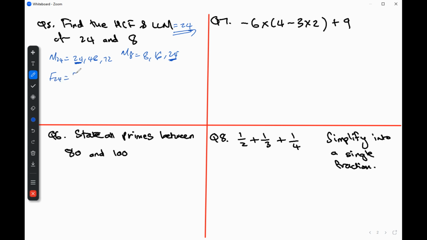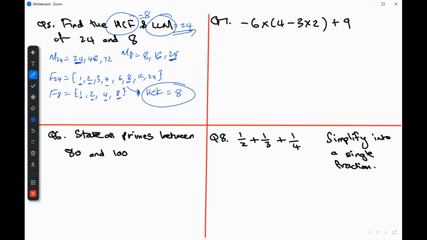Factors of 24 are all the numbers that can divide into 24. 1, 24, 2, 12, 3, 8, 4, 6. And then factors of 8 is going to be 1 times 8, 2 times 4. The highest common factor, now here we've got a common factor, and another common factor. And so the highest common factor is equal to 8.